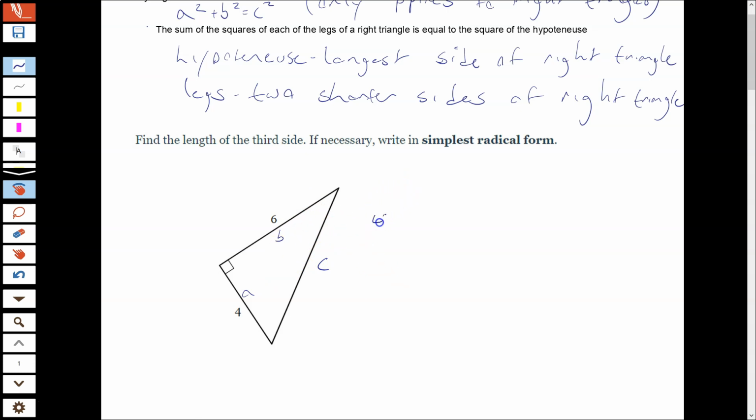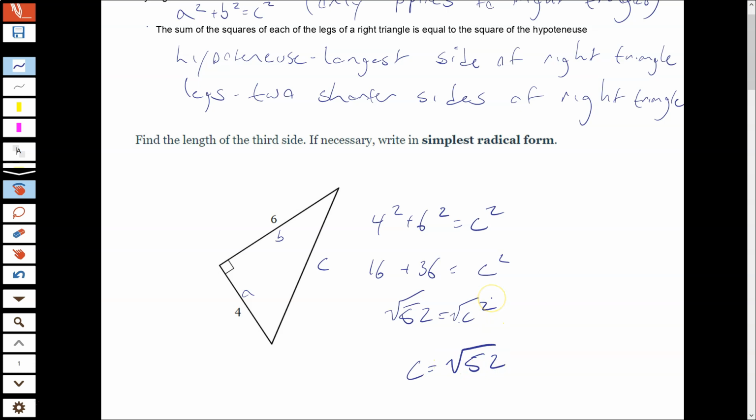So this is going to look like 4 squared plus 6 squared, so those are my legs, equals c squared. That's what I'm trying to find. Okay, simplify some. And remember, now I'm going to square root both sides to isolate c. So c equals the square root of 52.